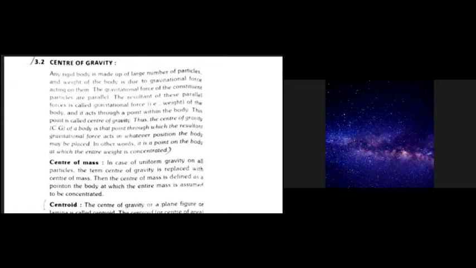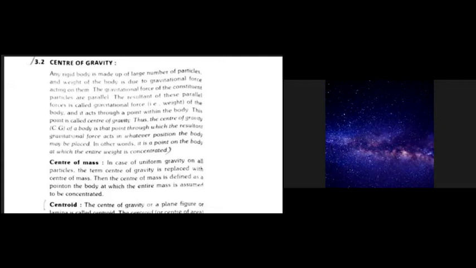Let us assume a body consisting of n particles, and the n forces W1, W2, W3 and so on are the weights of each and every particle of the body.